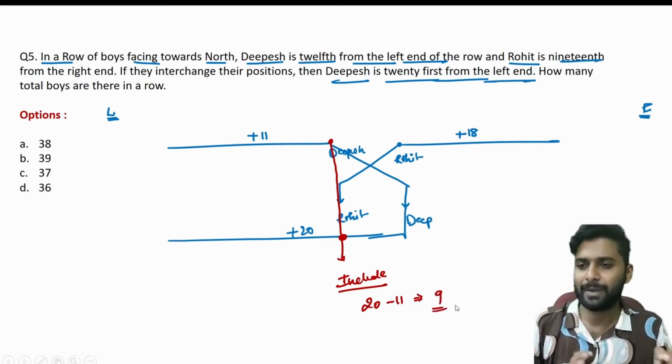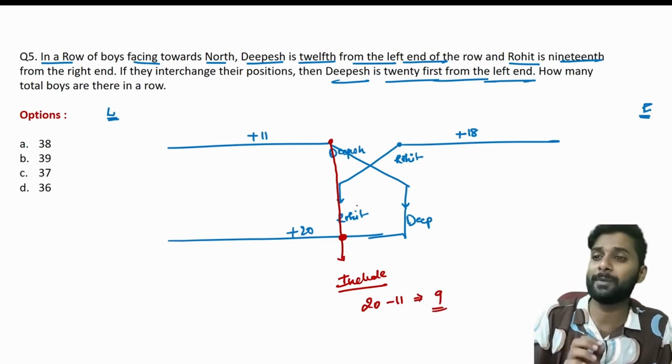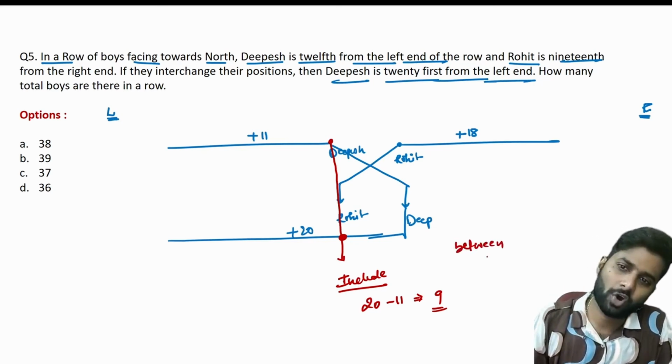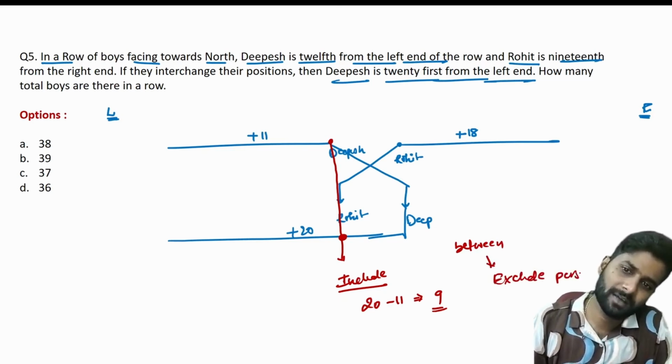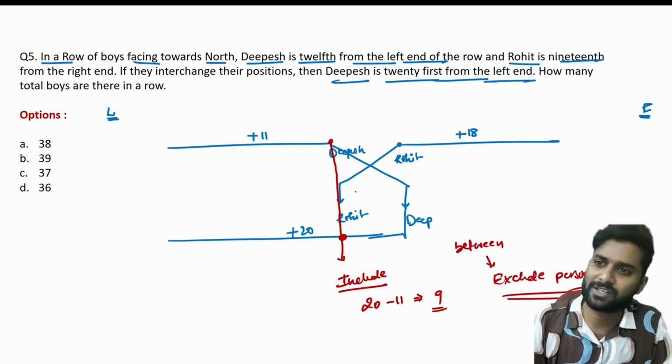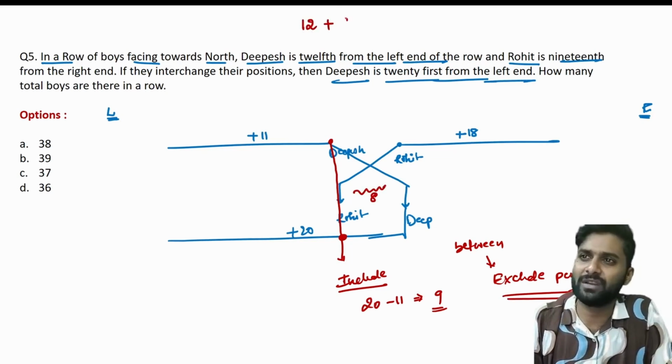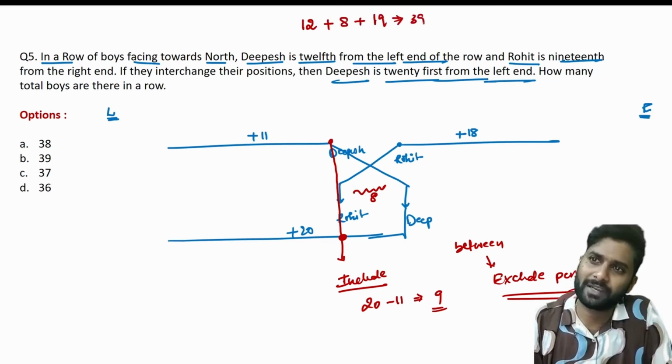But my question is, how many people are between them? Between always excludes that person. If you exclude that person, there are 8 people. So including Deepesh 12, between is 8, including Rohit is 19. So the total number of people in a row is 39.